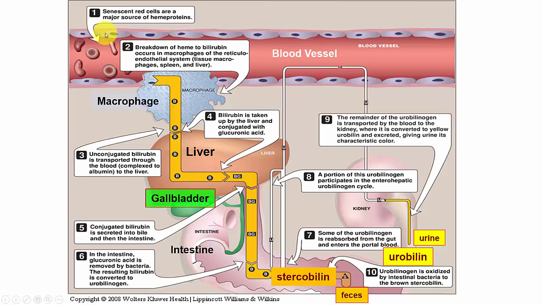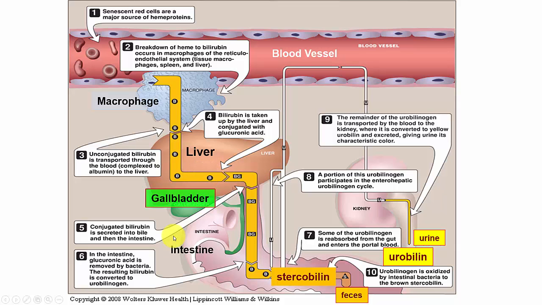Here's an overview of this whole process. The red blood cells die, macrophages take them up, and those macrophages are usually in the spleen and liver. Then the bilirubin is bound to albumin, taken to the liver where it's conjugated.